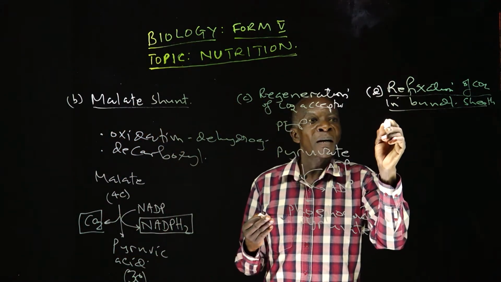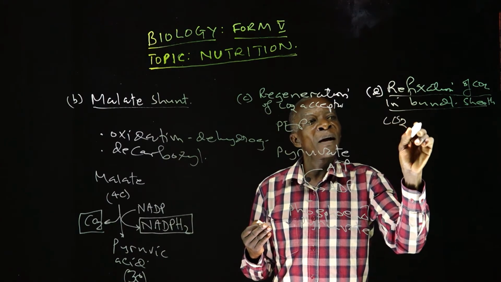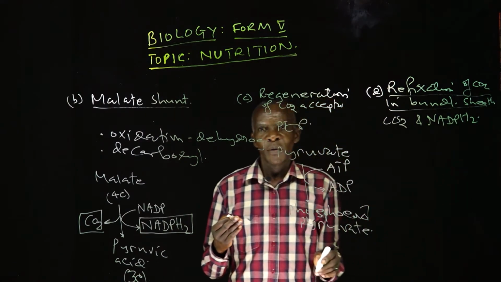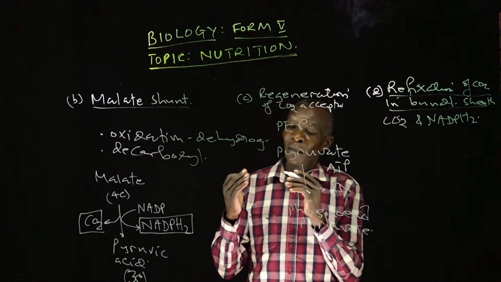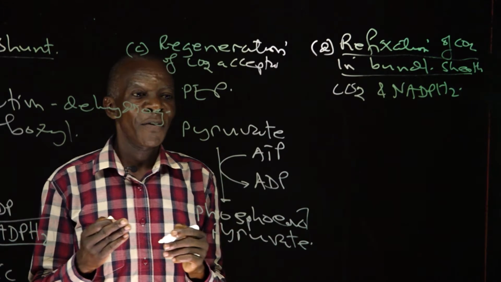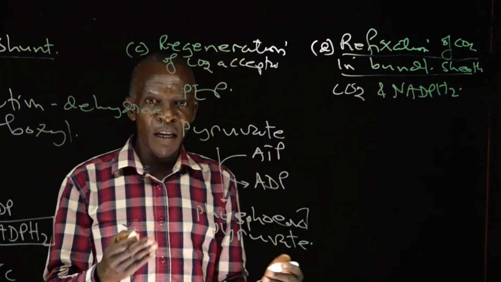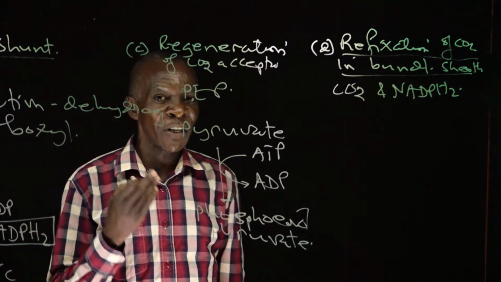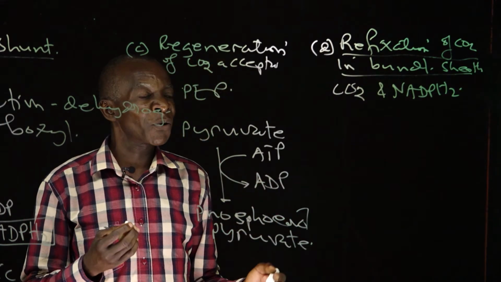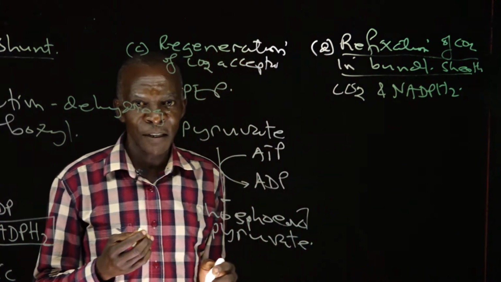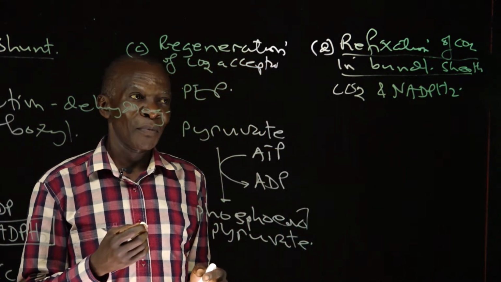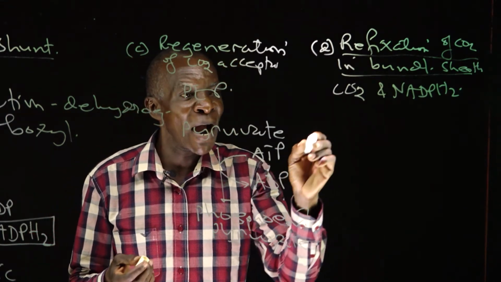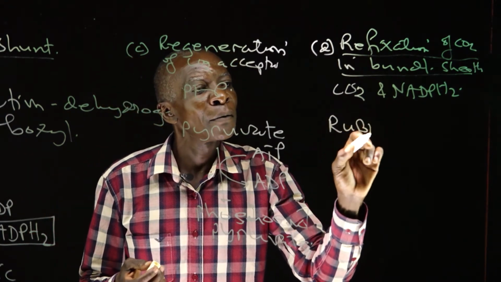So the carbon dioxide and NADPH2 that are formed in the bundle sheath have an important role to play as far as the refixation of carbon dioxide is concerned. The formed carbon dioxide is refixed in a normal C3 pathway by ribulose bisphosphate.